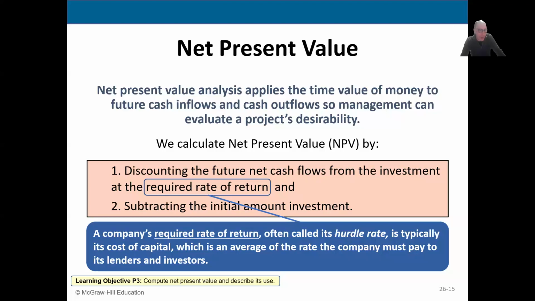Think about your bank account. What happens when you put $1 in the bank? You leave it there. What happens to it? Well, it grows because of the interest rate. You got it. That's exactly it. It's the interest rate. Yes, 100%.